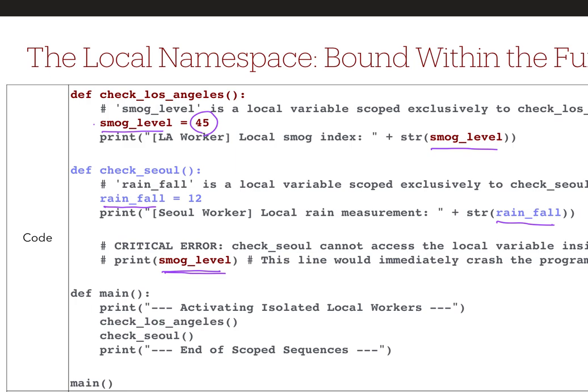And please note that in all these examples, the smoke level, rainfall, and all the local variables were immutable type variables. So far, the integer type, float type, or text strings are all immutable type variables.